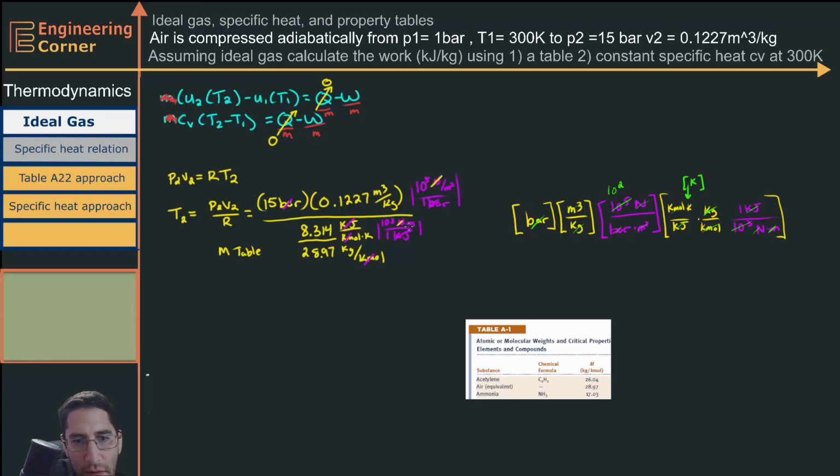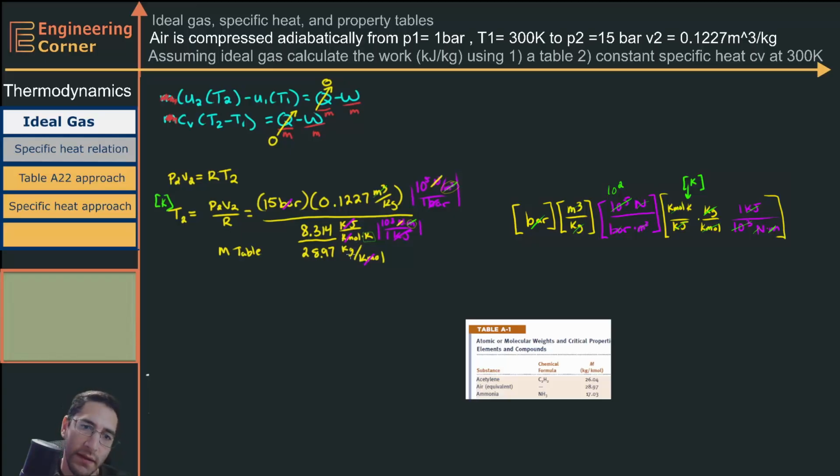This meter cubed is going to combine with this meter squared. This meter is going to combine with this meter squared, which is then going to cancel with this meter cubed. We know that we're going to be left with at least Kelvin, so that's good.